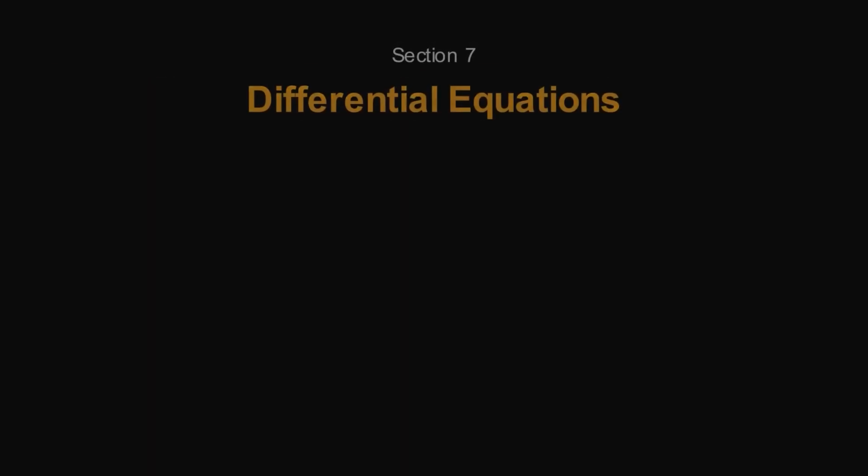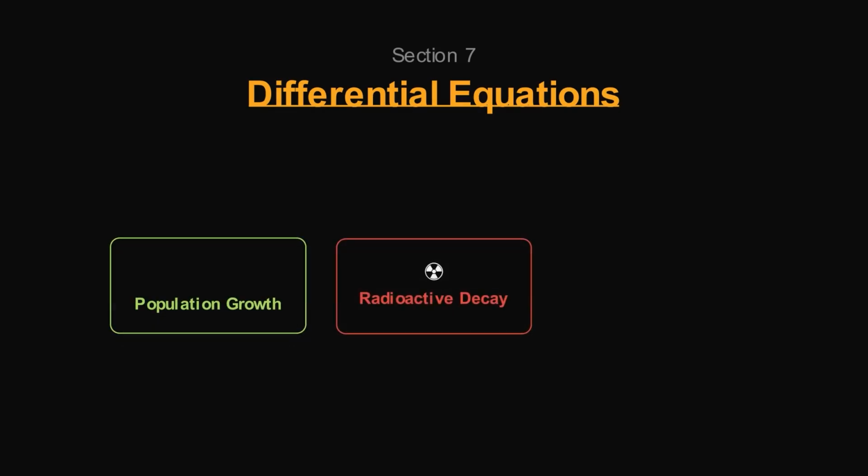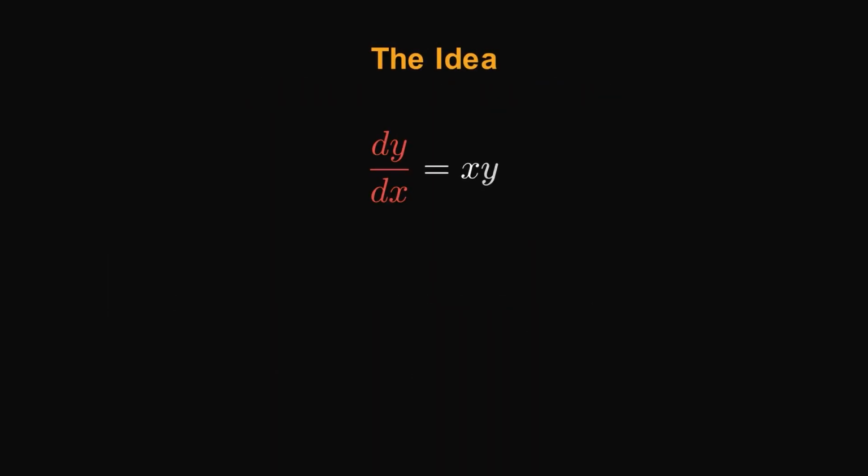Now what happens when we are told to describe things like population growth, radioactive decay, cooling? What does that entail? Well, that's all differential equations. Now what do we do when it comes to differential equations? Everyone gets scared about differential equations because they look so different, but really they're not.